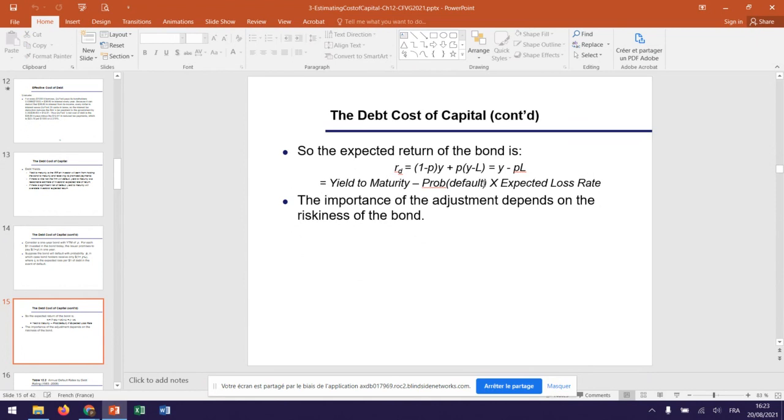I multiply by P, which is the probability of default.